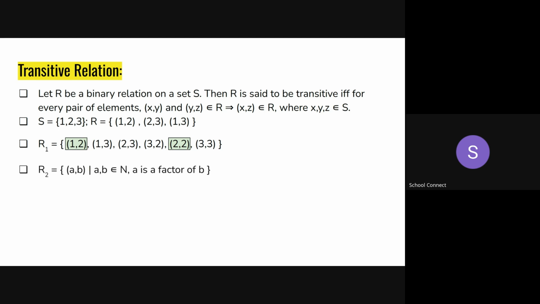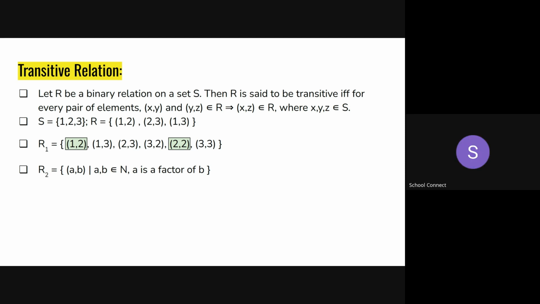Now, next comes another relation R2, which is all the pairs AB such that A is a factor of B. So, what is a factor? Is 2 a factor of 4 or 4 a factor of 2? Anybody? 2 is a factor of 4.